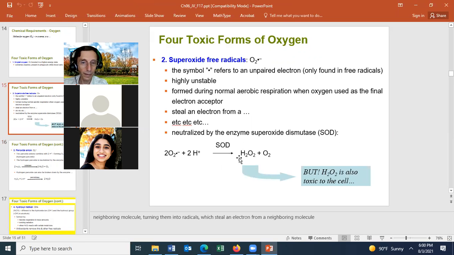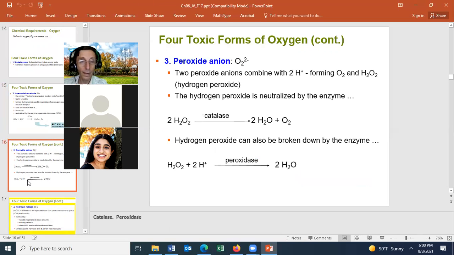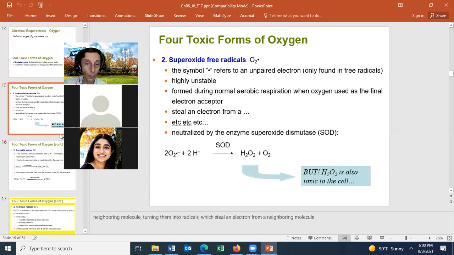Here we go. Hydrogen peroxide. And so the cell has to remove peroxide anions if ever the cell is in an oxygen environment, because peroxide anions can get made as an intermediate in metabolism of oxygen, as well as SOD will convert superoxide free radicals into hydrogen peroxide.